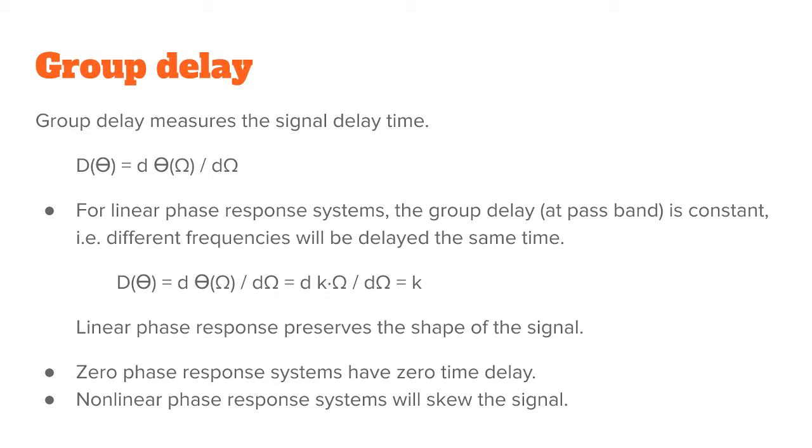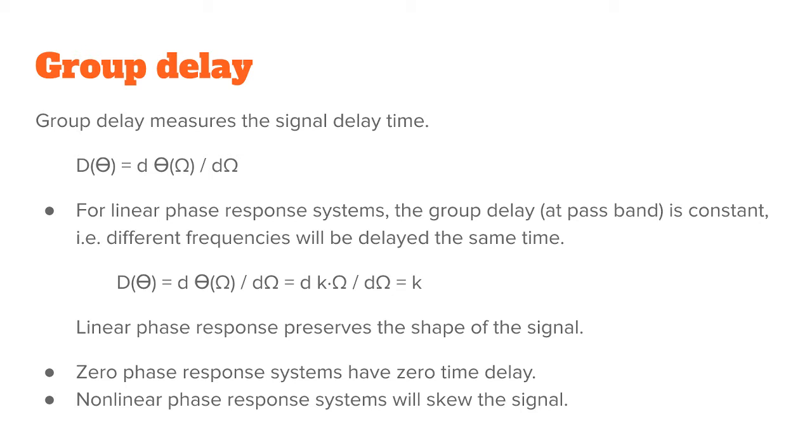Group delay. Group delay is the frequency derivative of the phase shift. So basically, for a linear phase response system, group delay gives the constant, which is the same as the time delay. It's the constant time delay. It's directly that one.